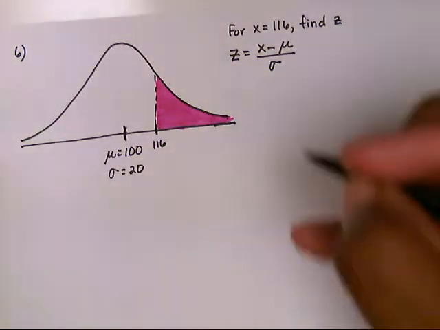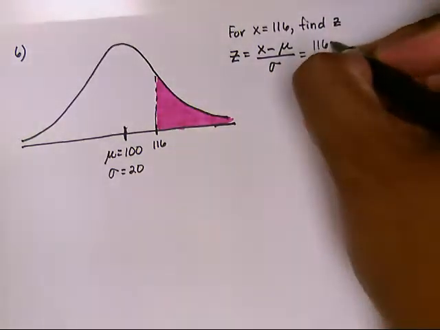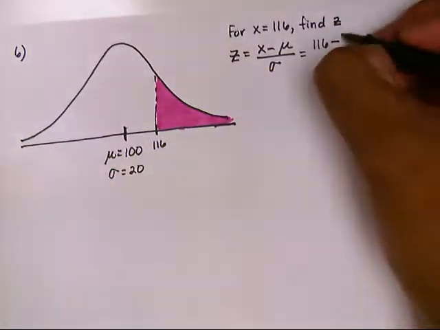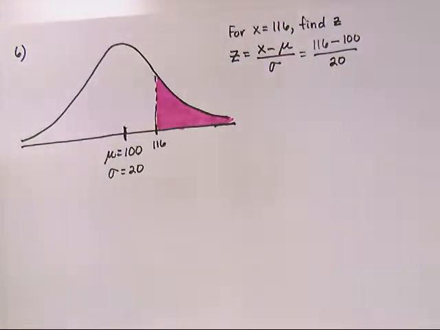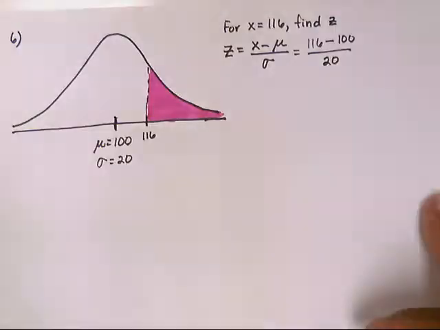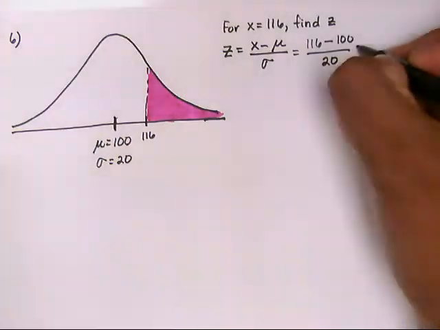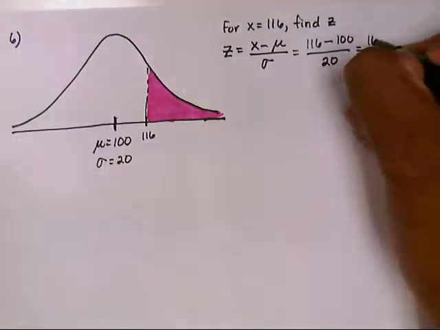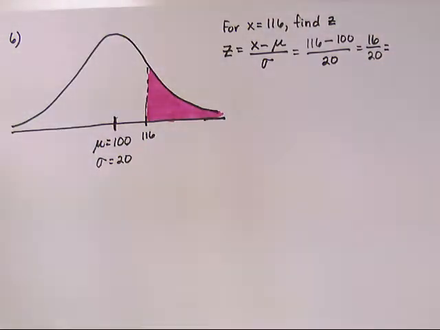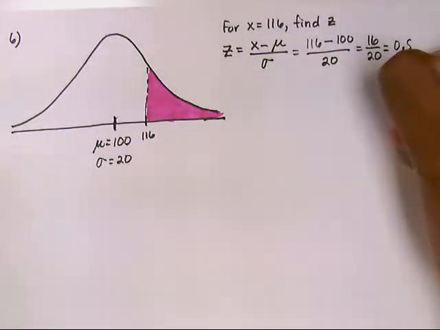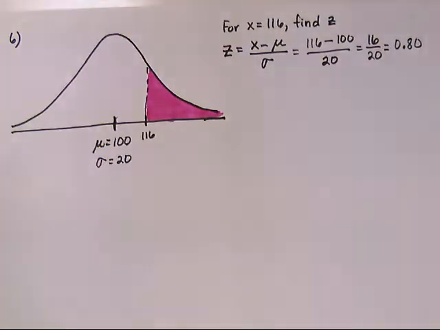Now the x value is 116 minus what mu is, that's 100, divided by 20. Now let's do 116 minus 100. That's just going to be 16. And then 16 divided by 20 to 2 decimal places, that will end up being 0.8. Well, 0.80 I should say, because our z value has to be to 2 decimal places if we're going to use table A-2. So your z is going to be 0.80.